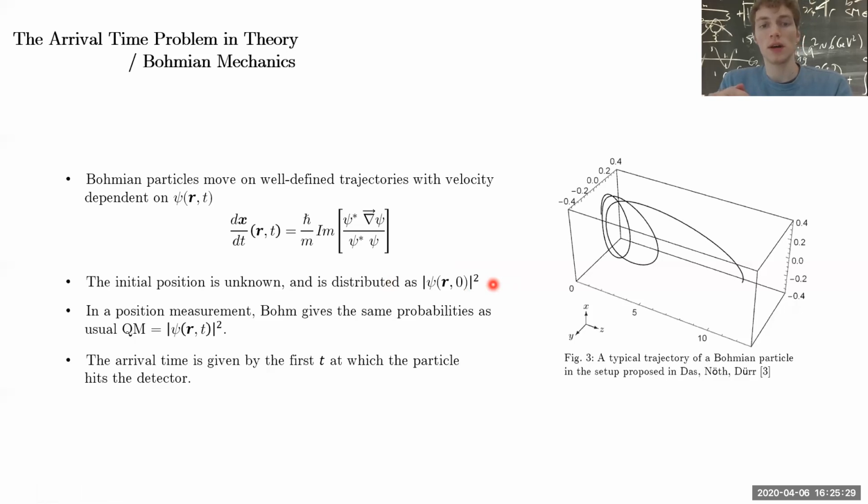Now, I'd like to point out that often it's viewed as a postulate that the distribution of initial positions of a Bohmian particle is |psi(r, 0)|^2.